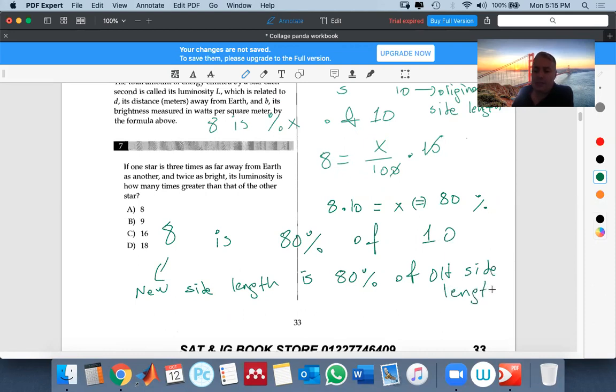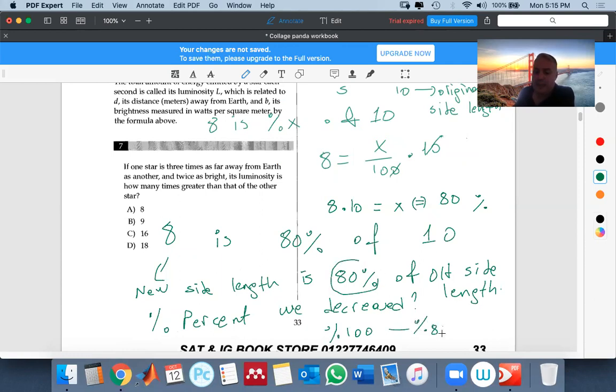Now the question is this: how many percent did we decrease? So it's clear that the original is 100%. So the new is 80%. That means we decrease 20%. This is the answer of the question. Check it, please, all the solution. I think it's clear now.